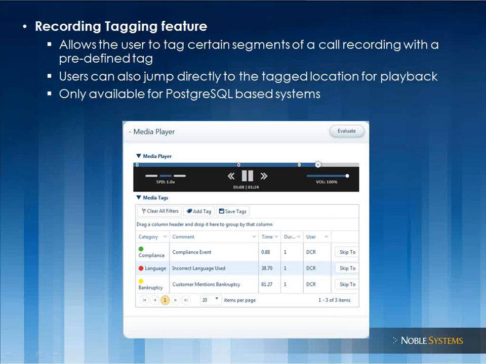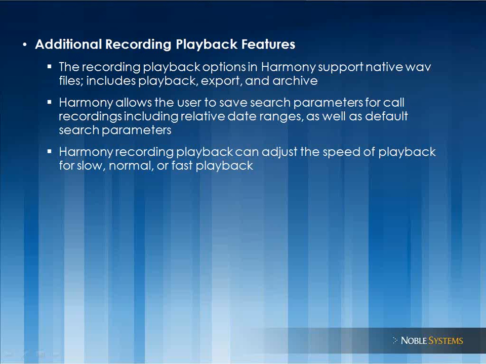In that case, you could tag it with a compliance event at the moment in time when that occurred, and in the future another agent or quality assurance agent can skip directly to that point in the call. One other note on the recording tagging: that feature is only available on our Postgres-based system.